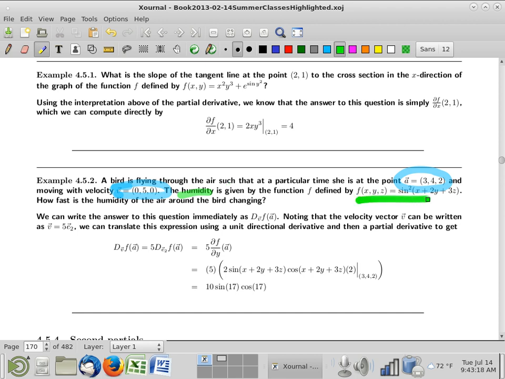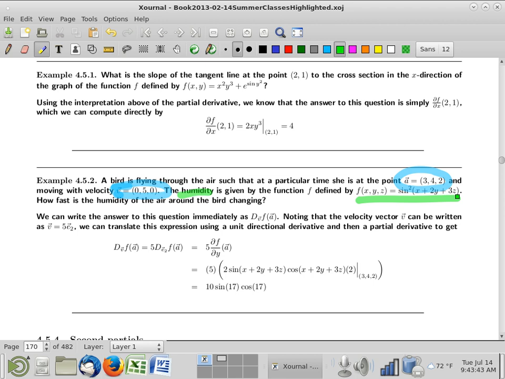Humidity is given by that expression. And I want to know how fast this function is changing. So now our bird is flying around in the domain of this function. I want to know how fast the output of the function is changing. And this is how fast the humidity is changing, presumably per unit time. So it seems to be the indication.